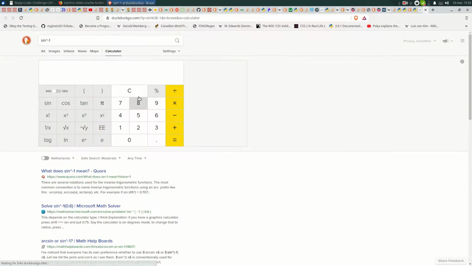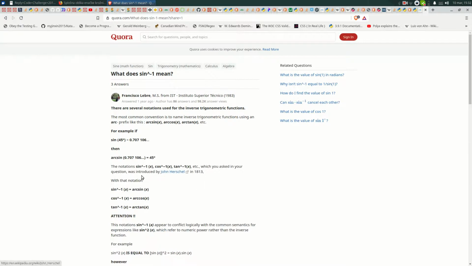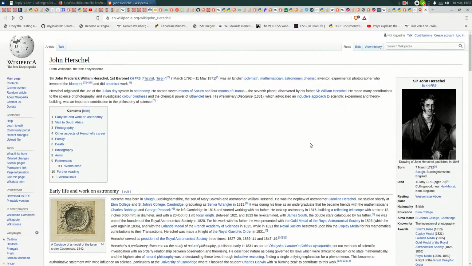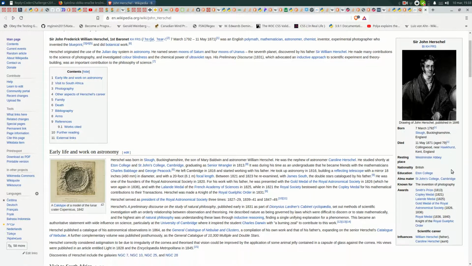What does sin to the power of minus 1 mean? It means arc sine x, but John Herschel. Thank you, Sir John Herschel, in Buckinghamshire, near Hawkhurst, 79.